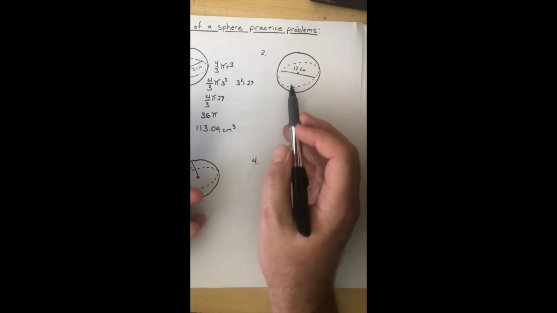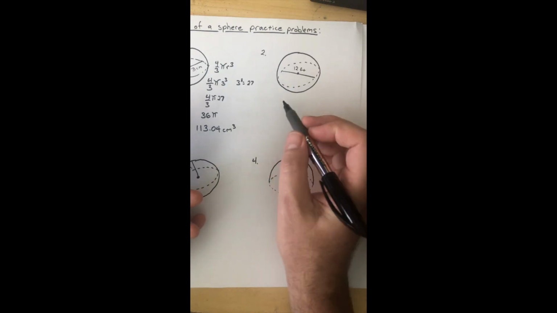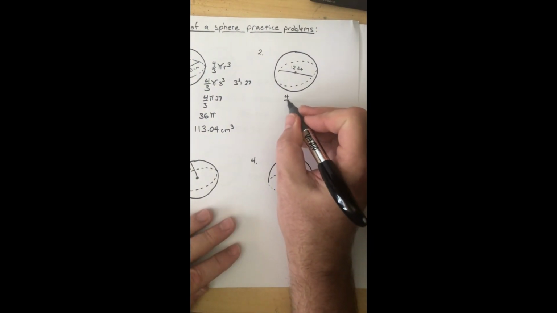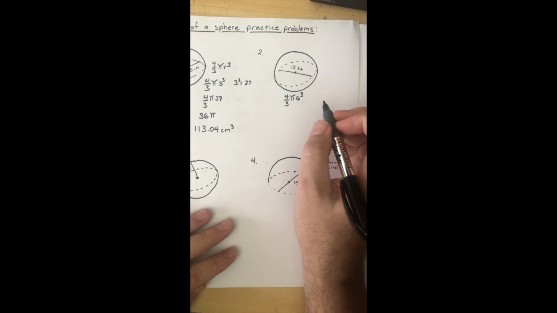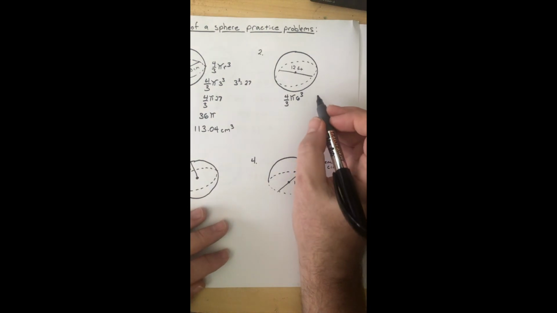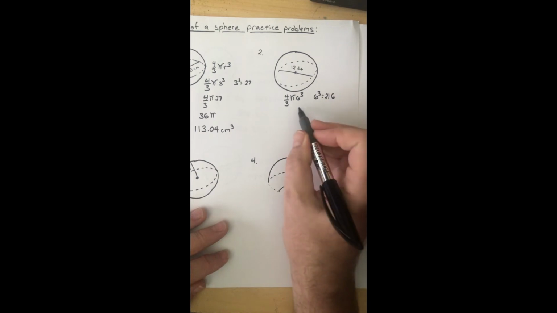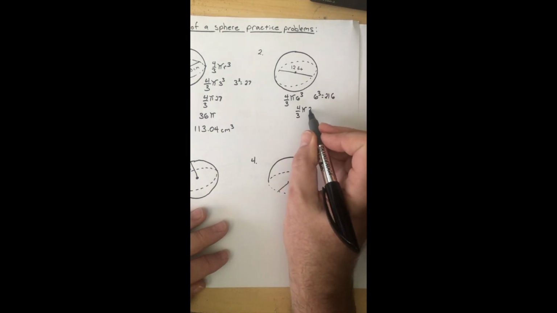This one up here, I gave you a diameter of 12, and so the radius would be 6. So 4/3 pi 6 cubed. We actually did this one already, didn't we? I already told you that 6 cubed is 216. And I'll repeat the process. 216 divided by 3, that's 72.